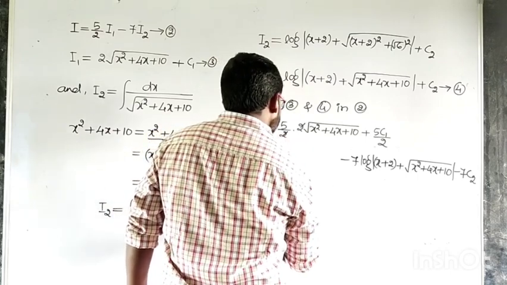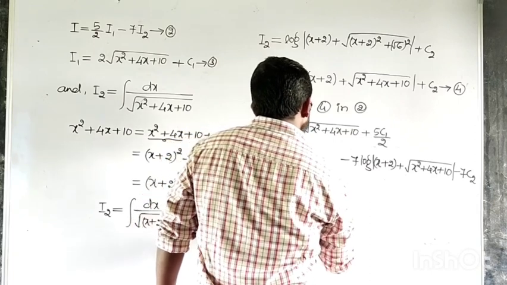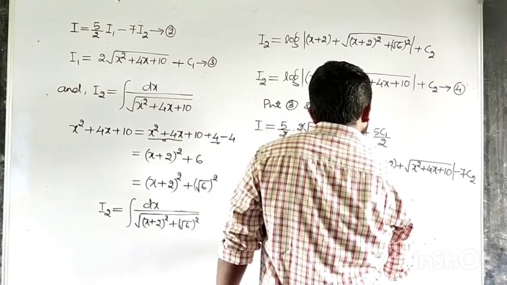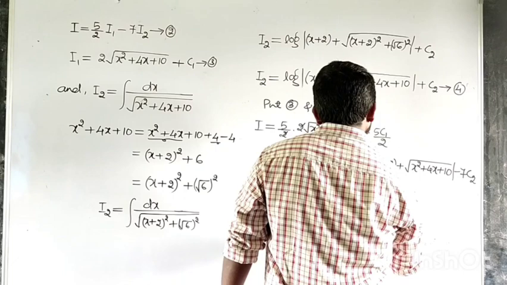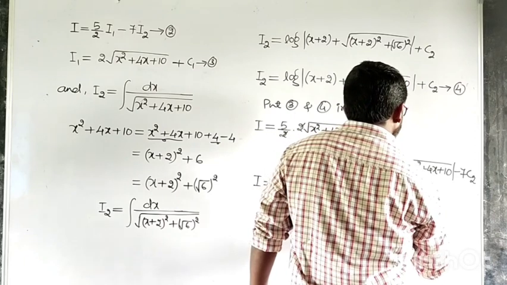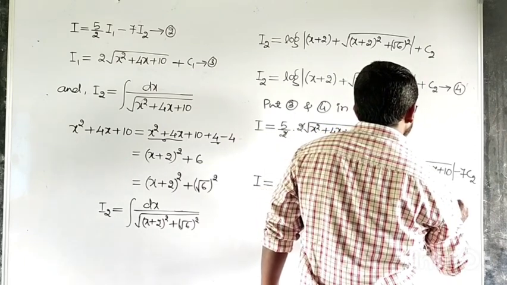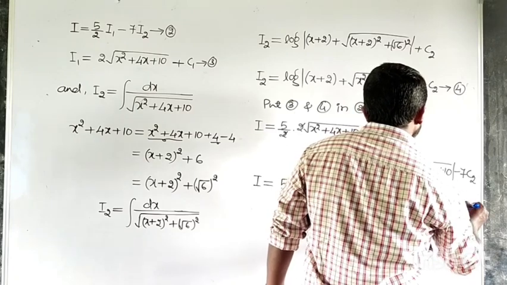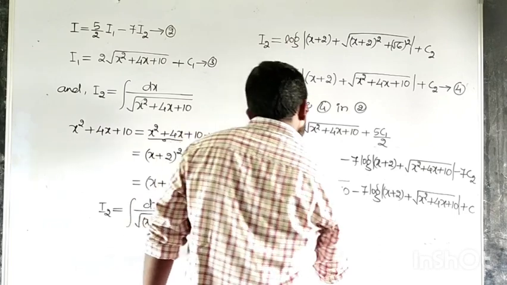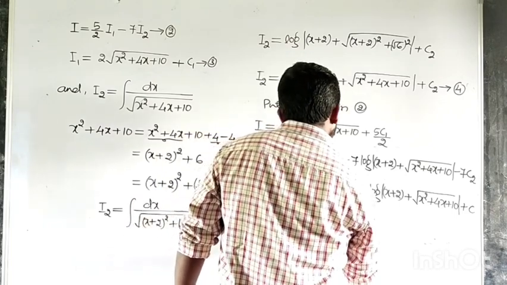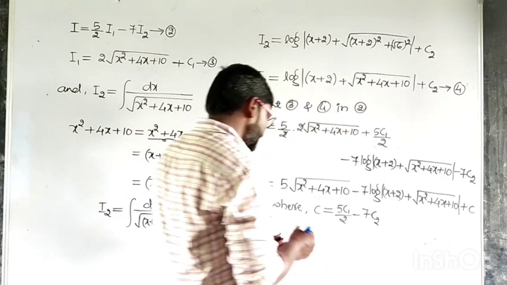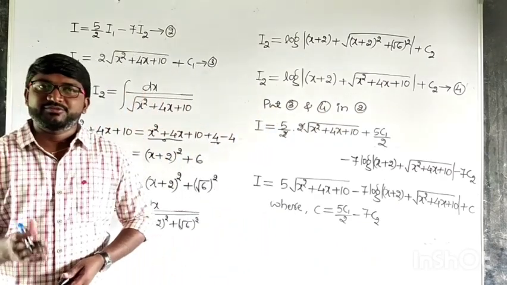I write 5 times root of x square plus 4x plus 10 and then minus 7 times log mod x plus 2 plus square root of x square plus 4x plus 10, mod complete, plus c, where c is equal to 5c1 by 2 minus 7 times c2. So this is all about the 23rd problem. So pause the video to note it down.